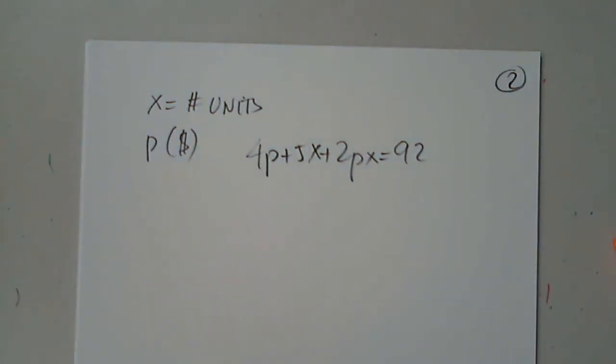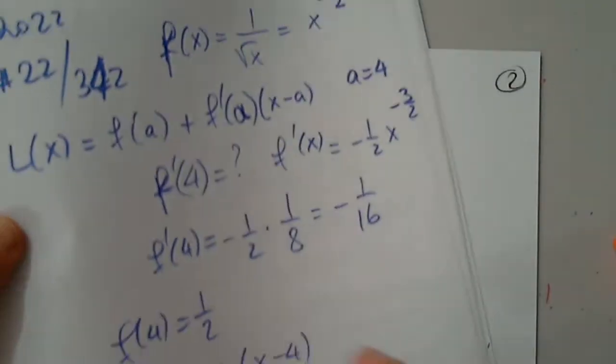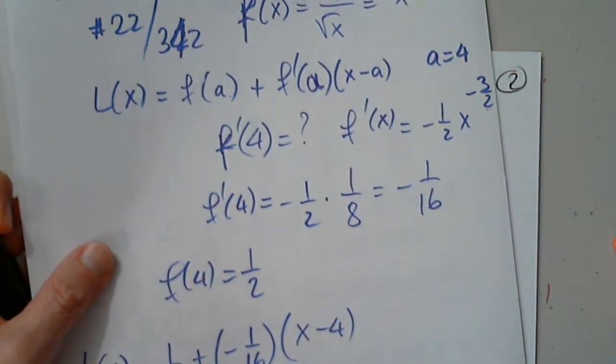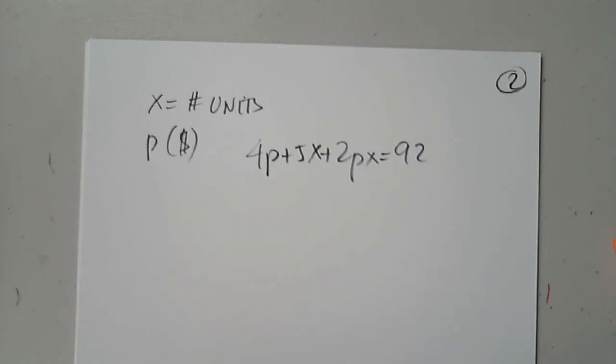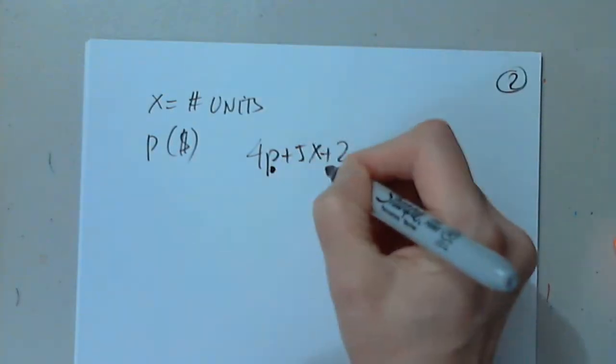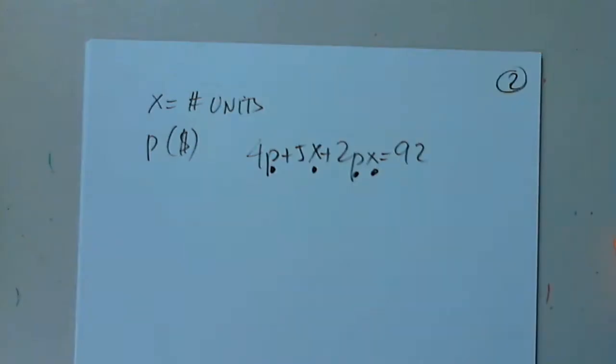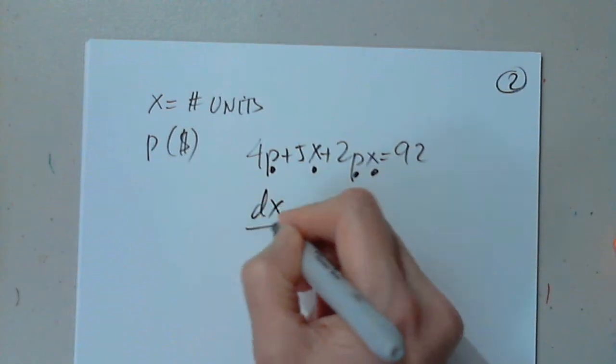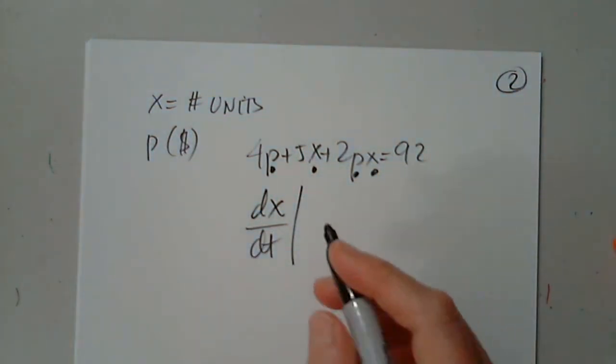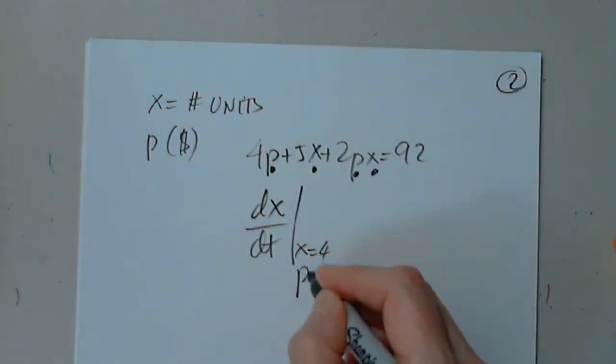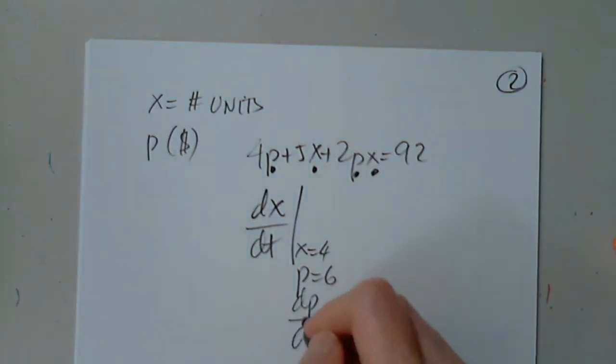P and X are functions of time, and time is measured in days. Find the rate at which X is changing. So we want dx over dt when X equals 4, P equals 6, and dP over dt equals 1.6.